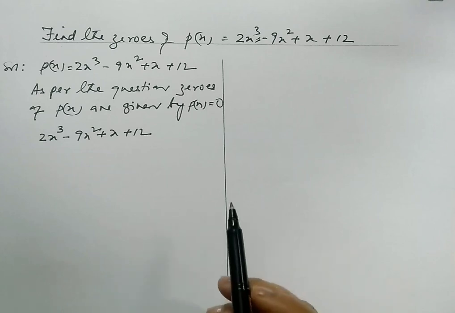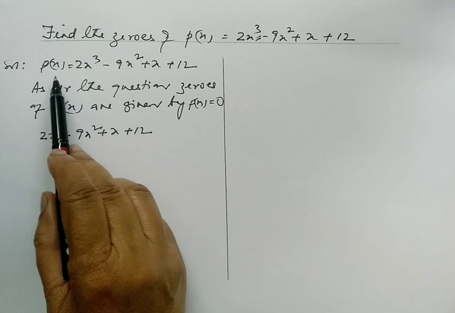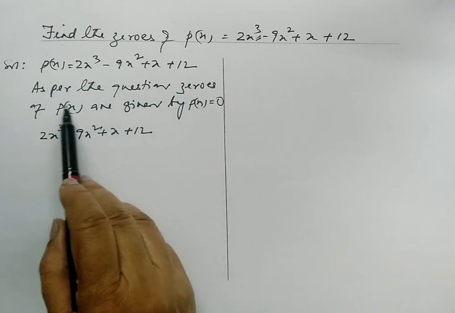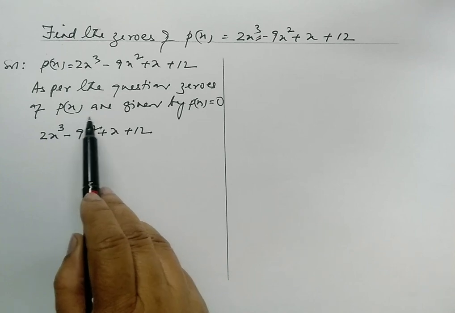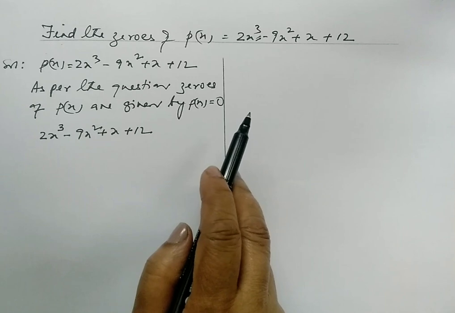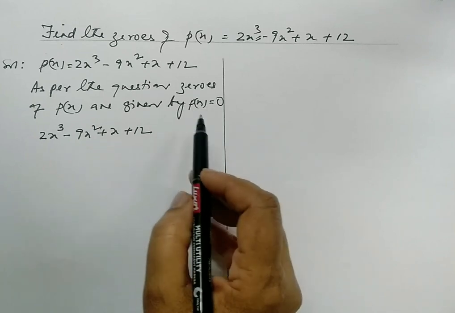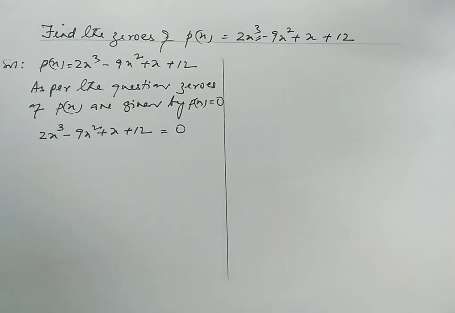Alright guys. So I already have laid down the question here that our p(x) is this. As per the question, zeros of polynomial x are given by p(x) equals 0, which means that this must be equal to 0.